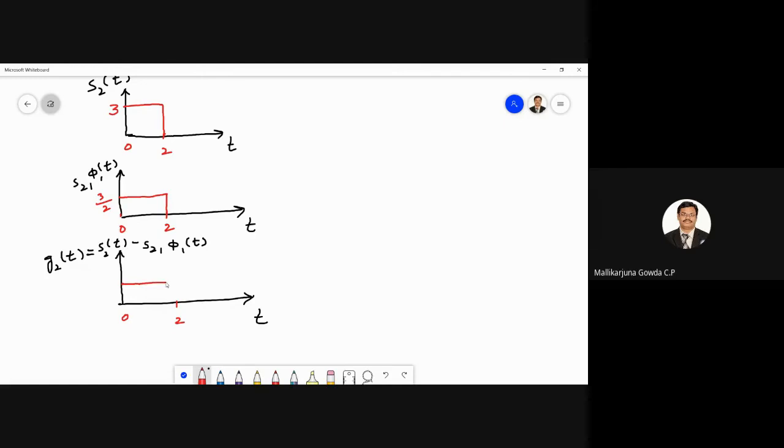So G2 of t will be equal to 3 by 2 over the interval 0 to 2, and it will be 0 elsewhere.